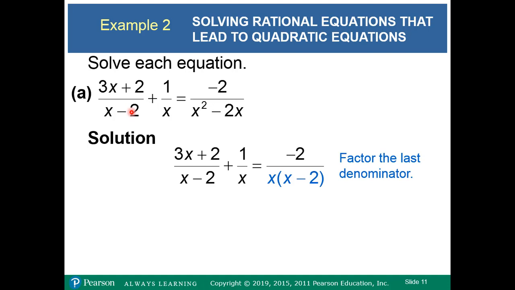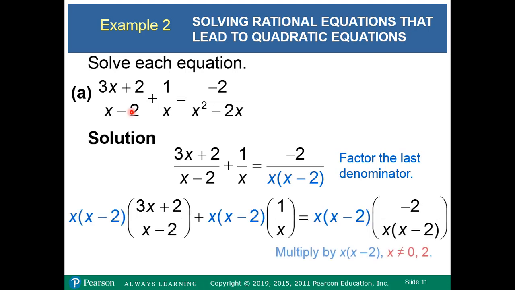So the first thing we do is factor the last denominator, and then our least common divisor becomes x times x minus 2, since those are the only two distinct factors there are.